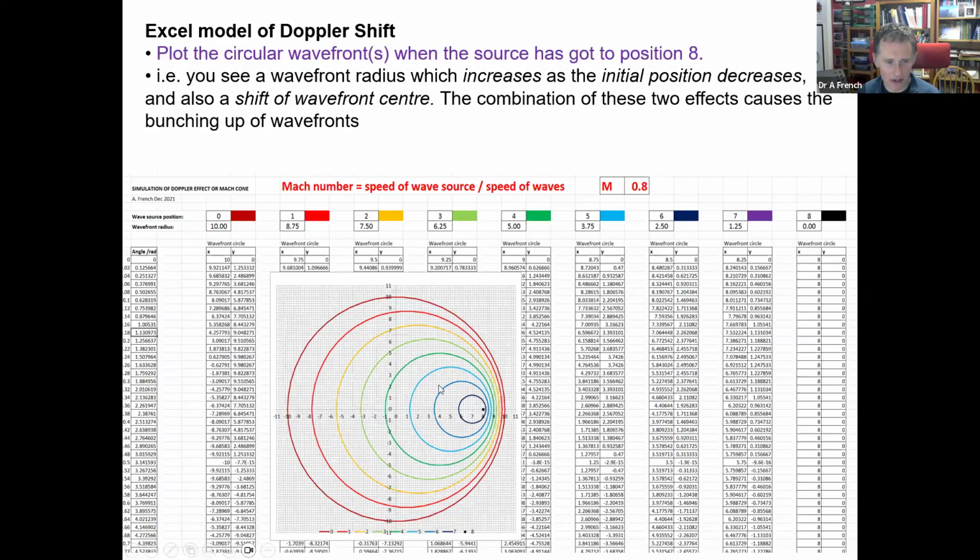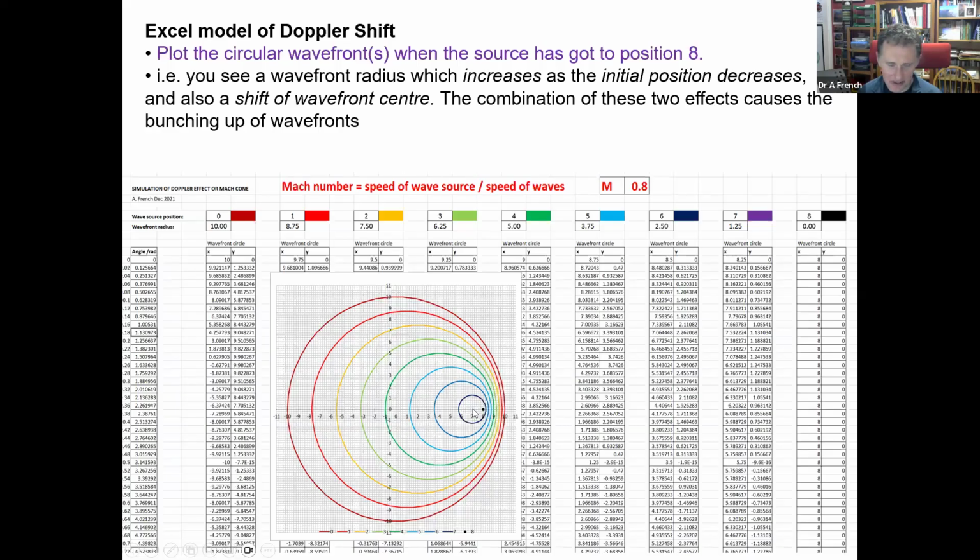So what you've got are lots of little wavefronts, lots of little circles. Essentially, as your source moves, your wavefronts have got a bit further, but of course where they are centered will change. So if you imagine an aircraft going along and dropping a stone in a pond as it goes. Once the aircraft's currently here, it's not producing any waves.